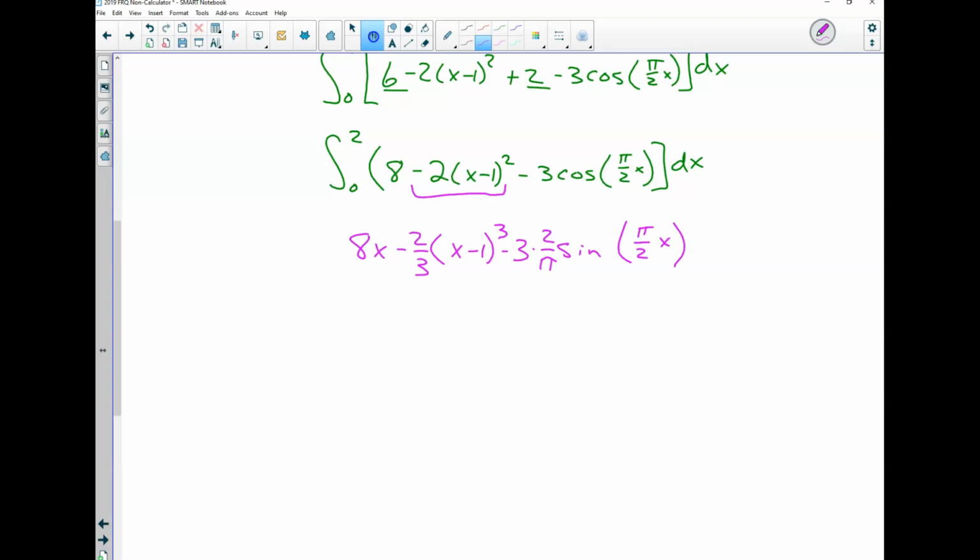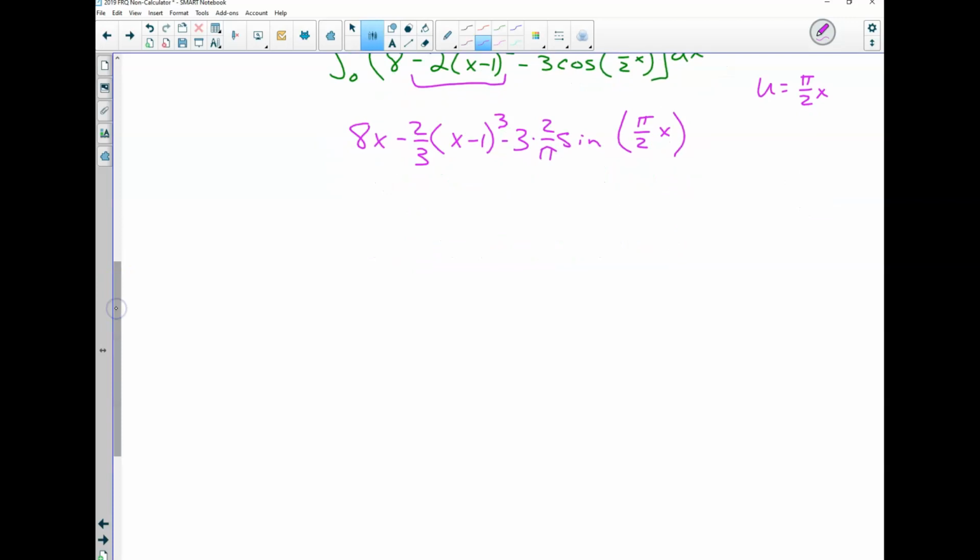I'm going to offset and get rid of that constant with a 2 over pi. Or you let u equal pi over 2x, and you do a substitution on it and change it back. Is everybody with me? So my antiderivative is really 8x minus 2/3 x minus 1 cubed minus 6 over pi sine pi over 2x evaluated from 0 to 2.